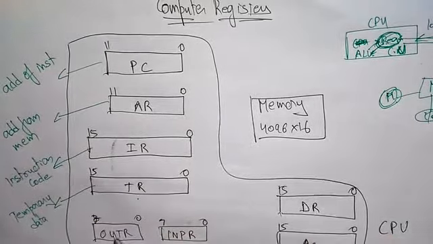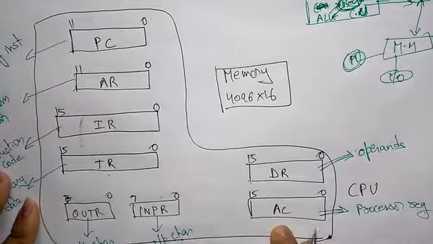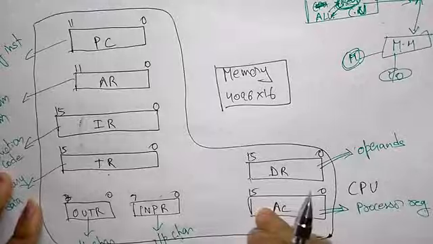It holds the operands, meaning the data stored in variables, which you call operands. And the accumulator is used to store the result. You call it a processor register. It holds the result of an operation, and it is a 16-bit register.